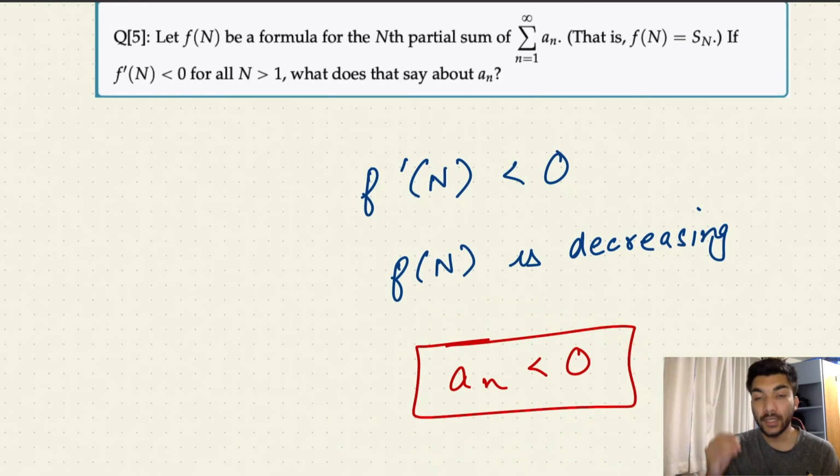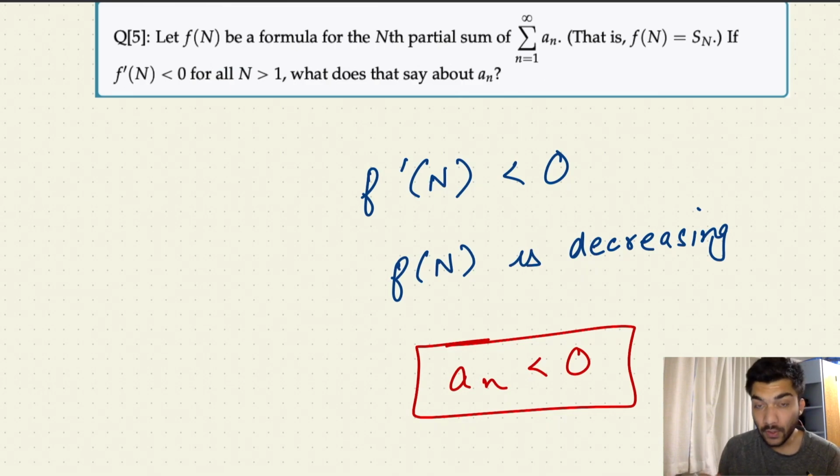There's also one additional thing to notice about the condition given in the question: the first derivative is negative for all values of capital N greater than 1, right? So this holds true for all values of capital N starting from 2.